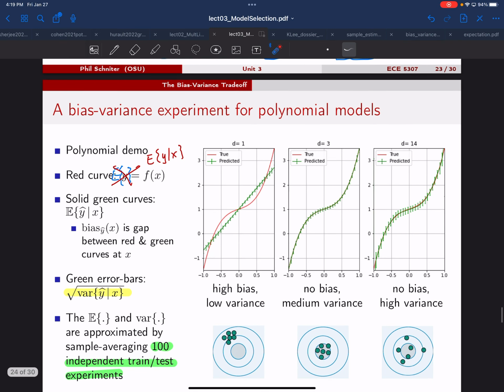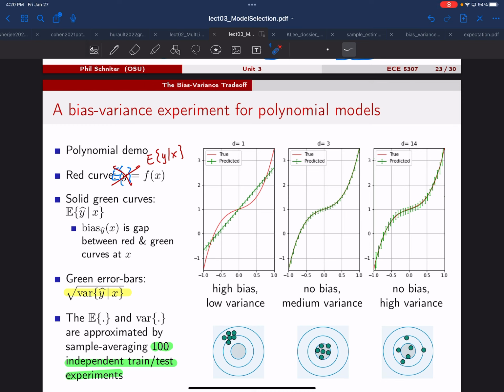To create these curves, I ran this experiment 100 different times. Every time I ran the experiment, I generated a whole new set of data, a whole new set of x's, y's, calculated a new beta hat, did a new set of predictions, measured mean squared error, all that stuff 100 different times. Every time I did that, I got a slightly different regression line. Kept moving around. So what I'm showing you here is the green curve, or the green line. That's the average of all those regression lines. This is the average regression line.